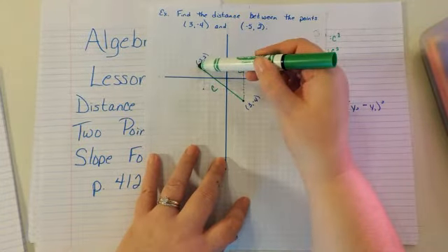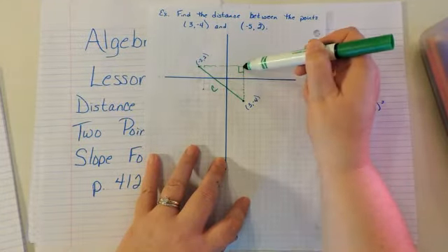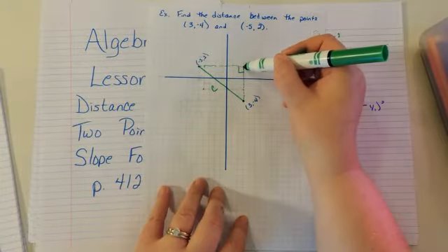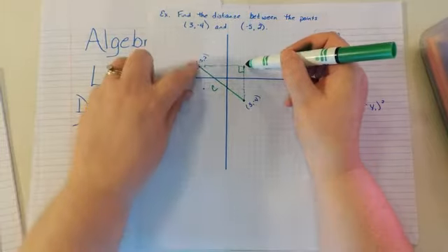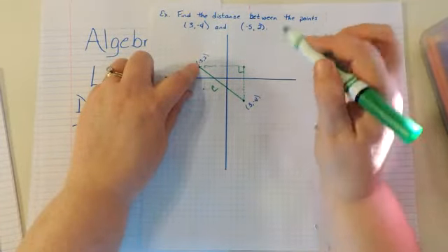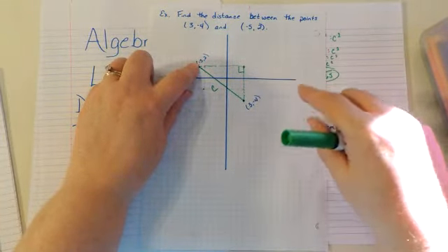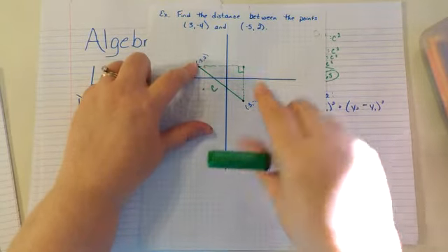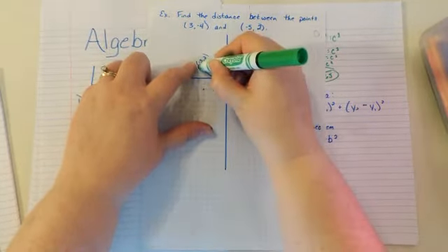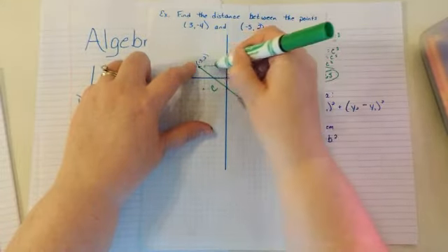The distance from this point to here is actually the distance between this point's x-coordinate and this point's x-coordinate, right? This is going from this x-coordinate to this x-coordinate.